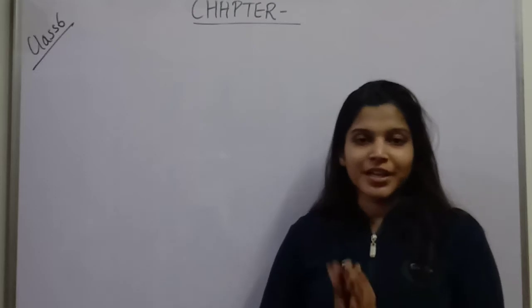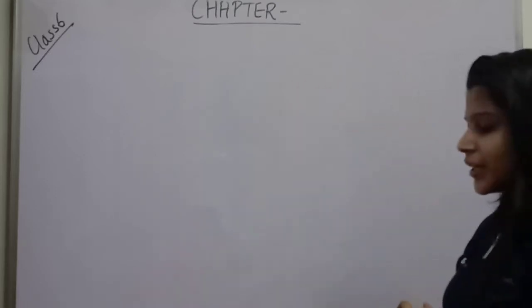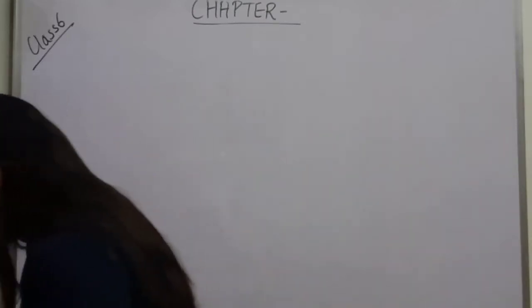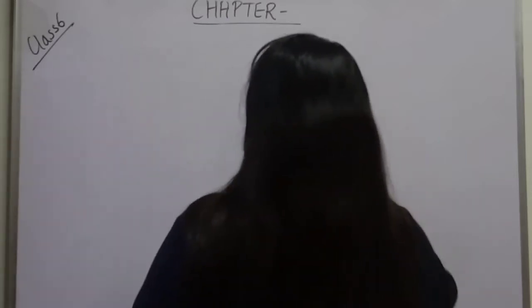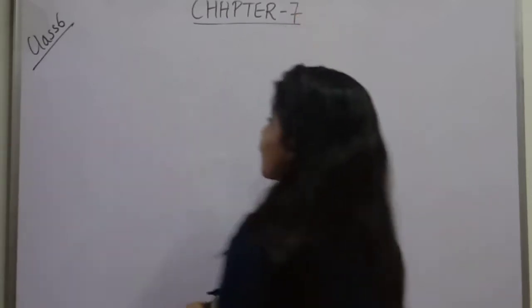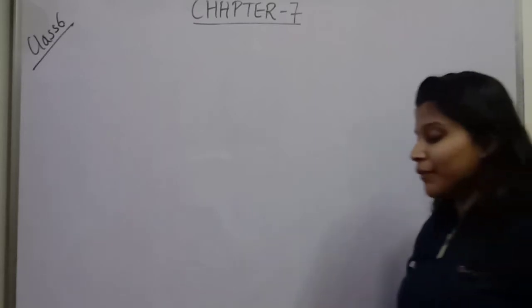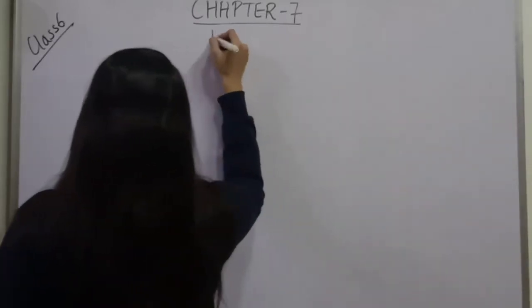My name is Rashi and in this video we'll be starting with a new chapter, chapter number 7 of our NCERT book of class 6th. The name of this chapter is Fractions.